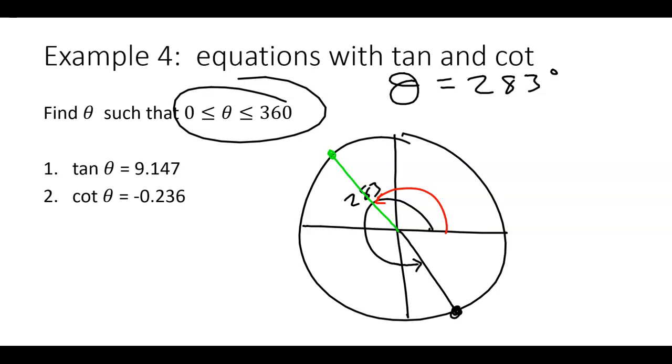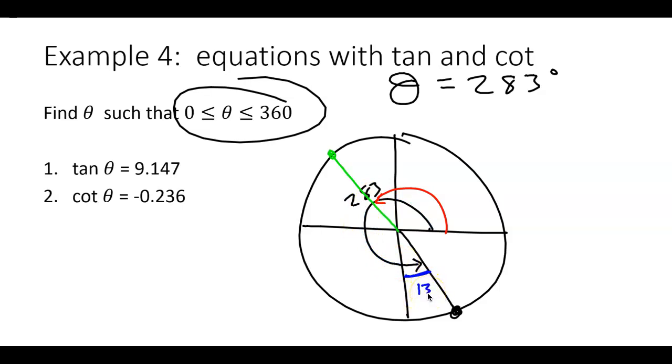So if that's 283 degrees, let's figure some stuff out. This first piece over here would be, what would this be? So if this is 283, this missing piece right here would be, we know that from here to here is 270. So if I take that away from 283, I'll be left with 13.